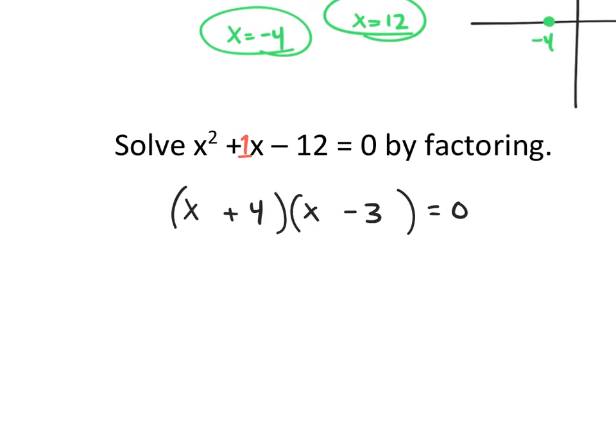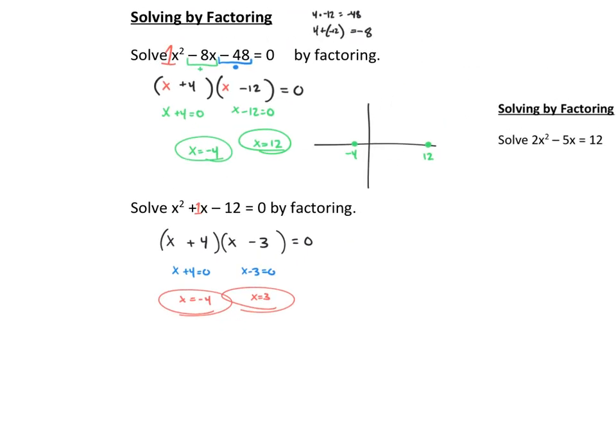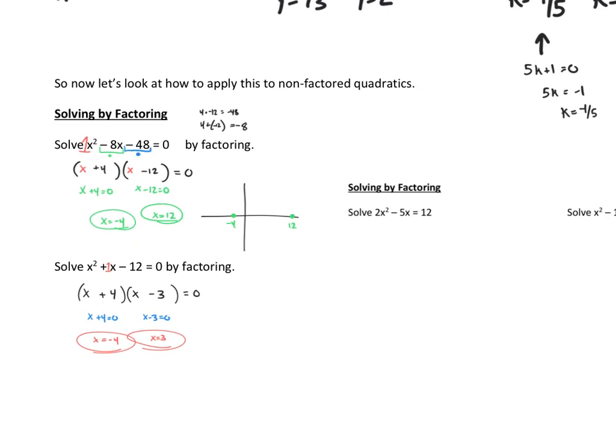And remember that the order doesn't matter. You could have put x minus 3 first. So then when we use the zero product property, we can go through and solve for both pieces. Very nice.